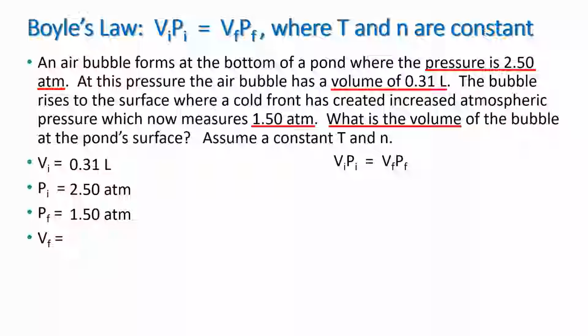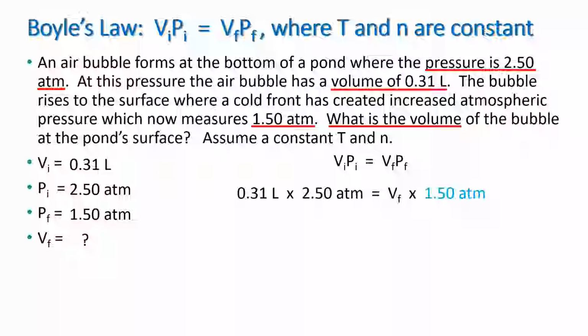And our unknown variable, which is the one that we're solving for, is the final volume. So let's take these values and plug them into our formula, and our problem now reads that 0.31 liters times 2.50 atmospheres is equal to our final volume, VF, times 1.5 atmospheres.